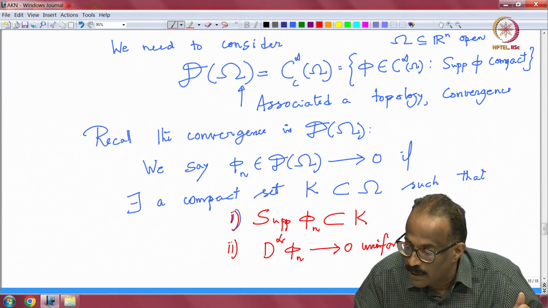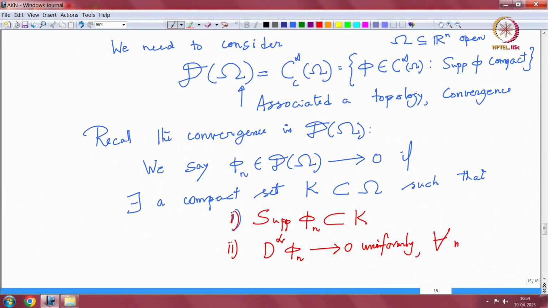This should happen for all multi-indices alpha. Okay. So, I just recalled this definition.